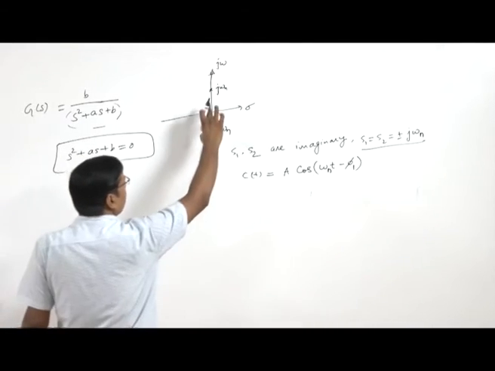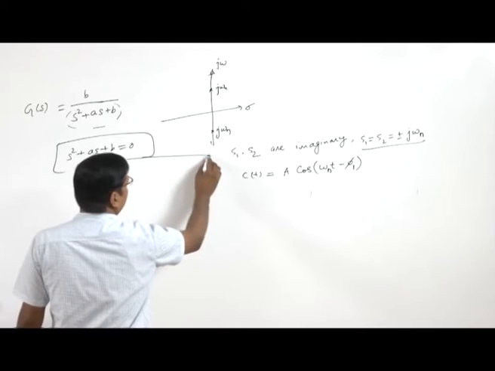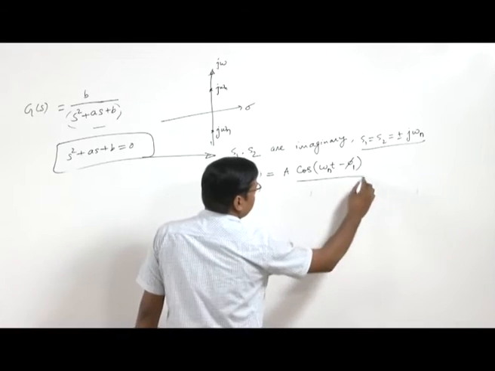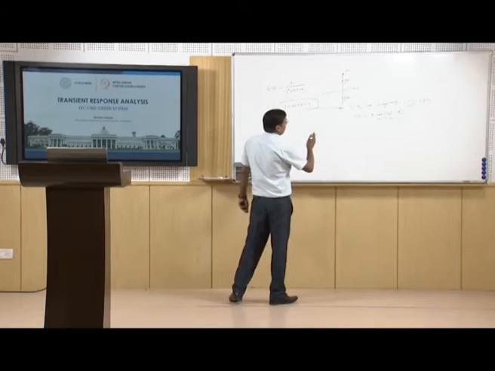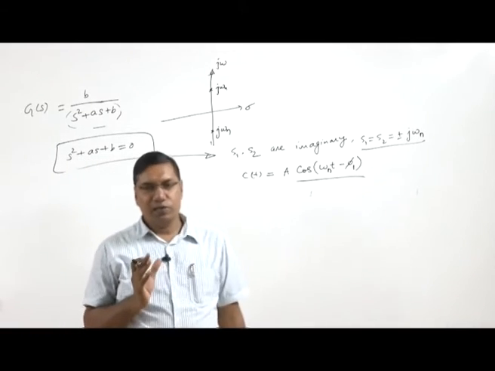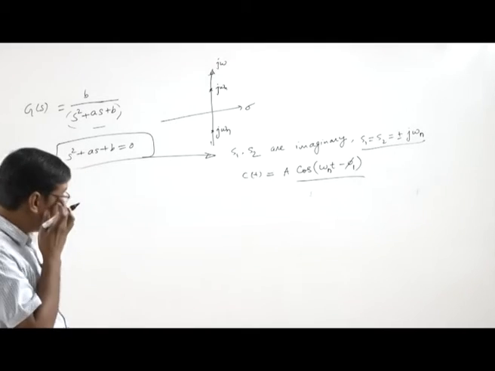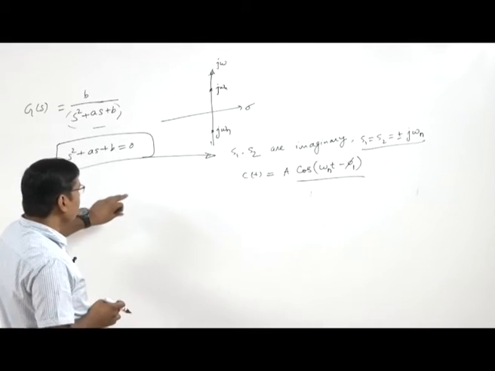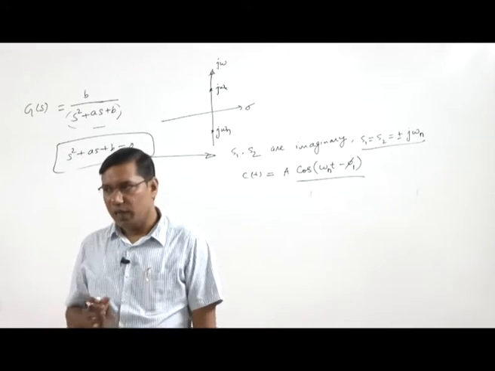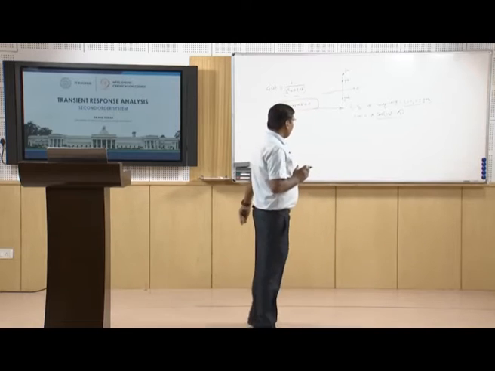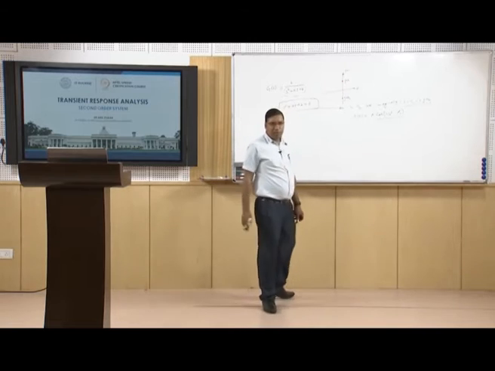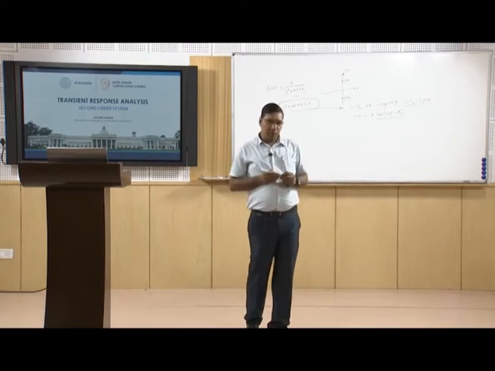These are the two poles of the system, and we are getting that the response is harmonic, and this omega n is called the natural frequency of the system. The natural frequency is defined as when the real part is 0, there is only an imaginary part, so both the poles lie on the imaginary axis.